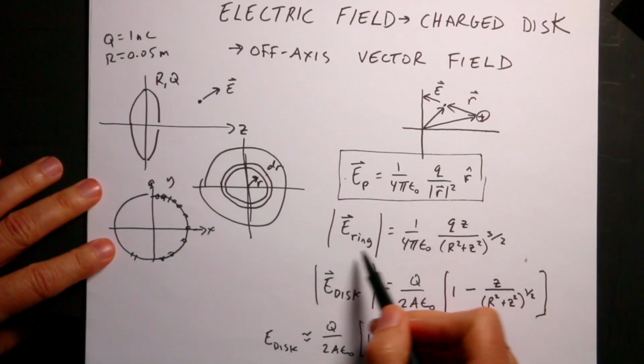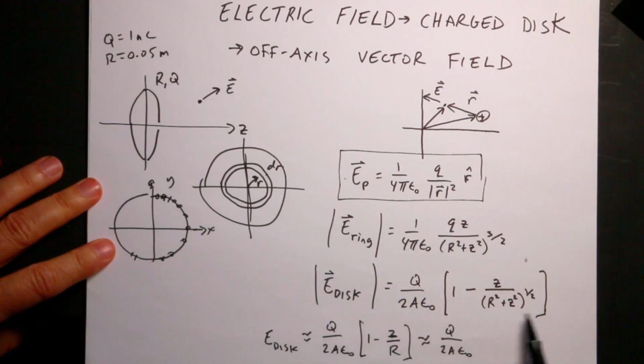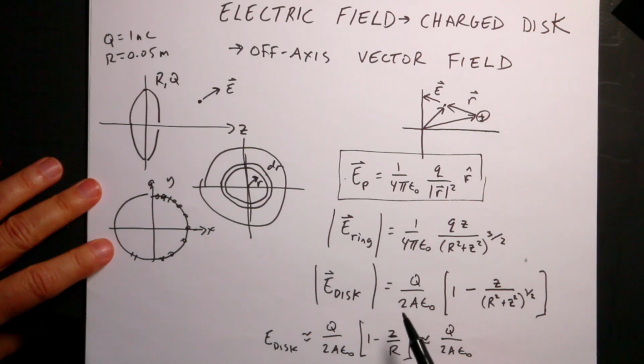And that's what I did here to get this expression for the magnitude of the electric field due to the disk on the z-axis.